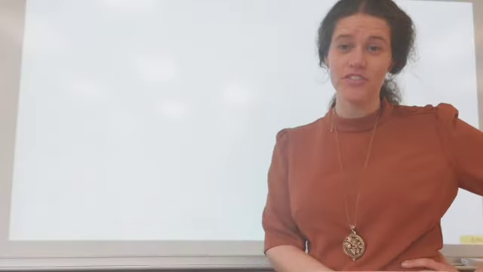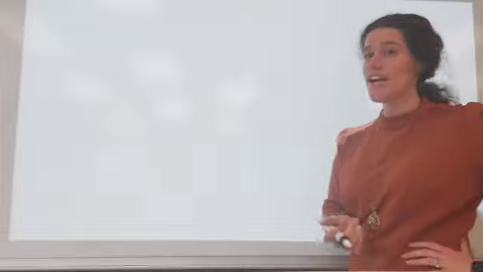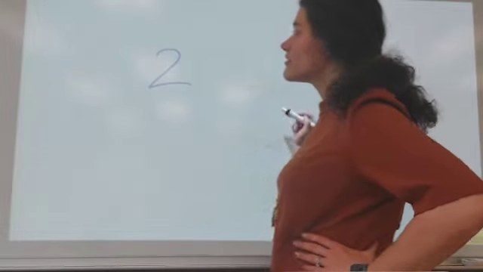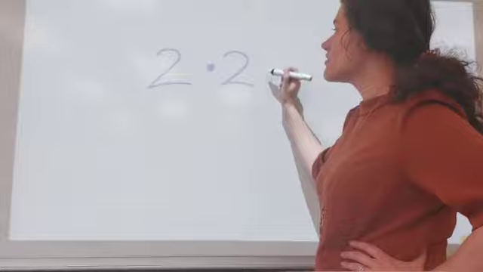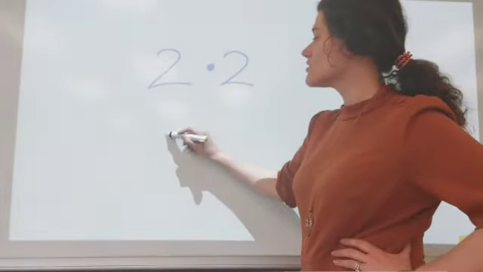The next rule we're going to look at is multiplying. So exponents actually tell us how many times to multiply by. If I have 2 and I multiply that by 2, I've done 2 steps of multiplication.